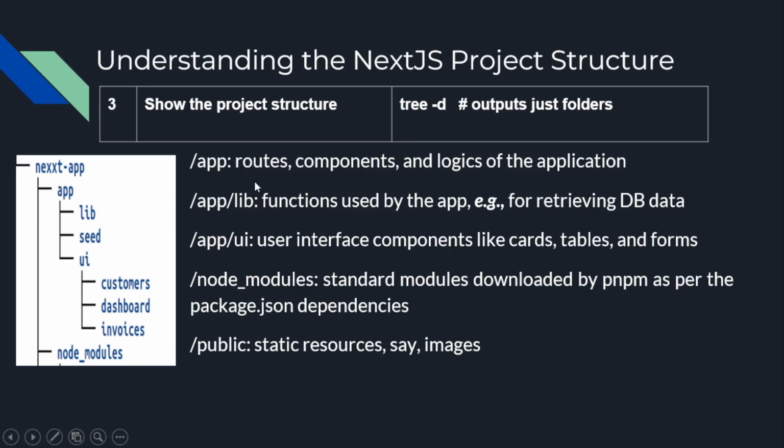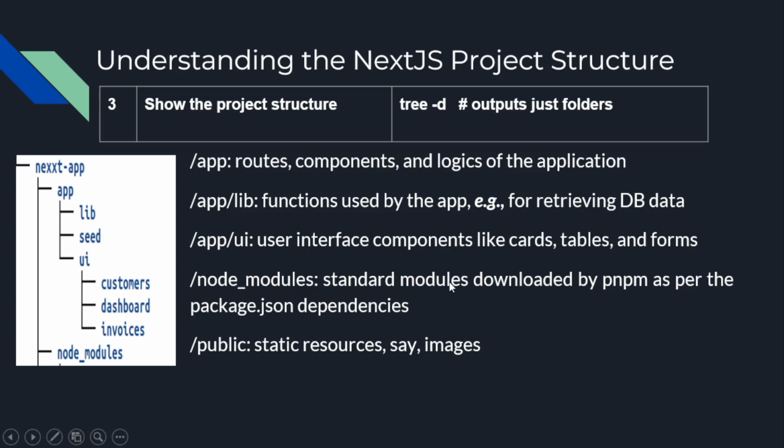So app contains routes, components, and the logic of the application. App lib contains functions used by the application, for example, for retrieving DB data. App ui, that's clear, is user interface components like cards, tables, and forms.